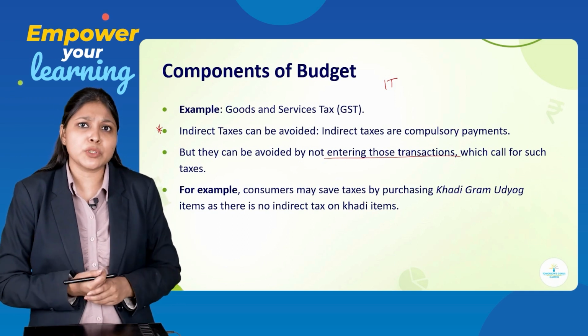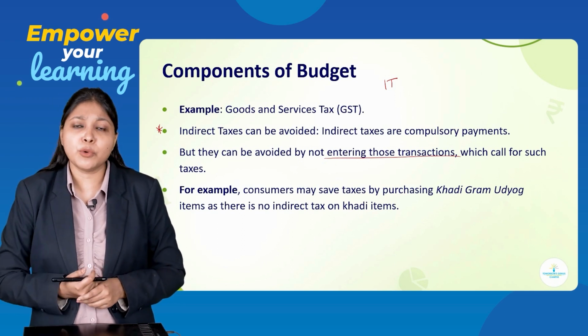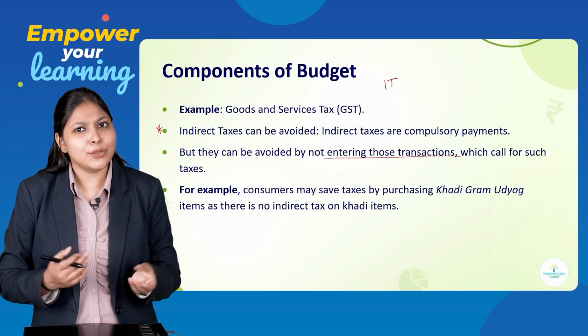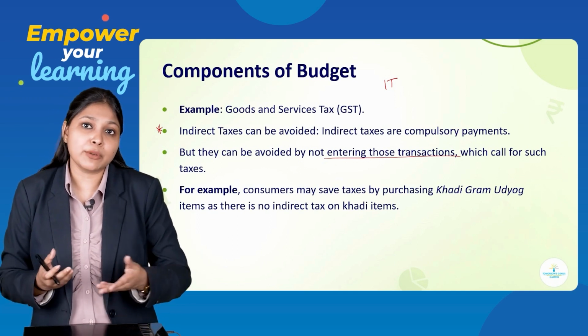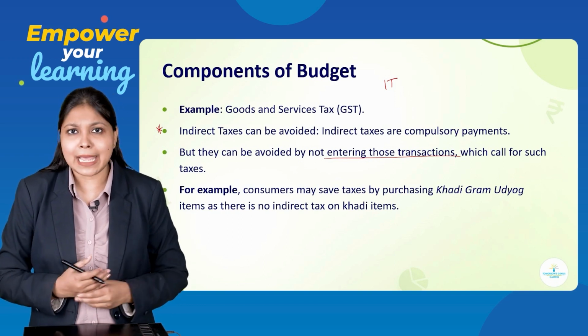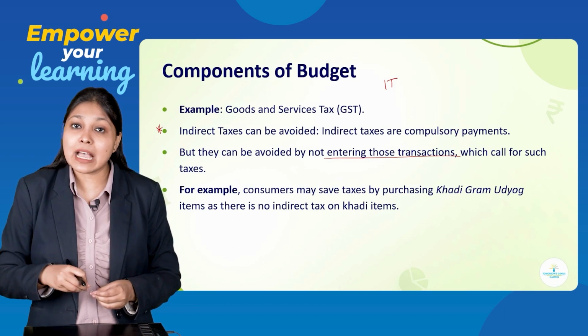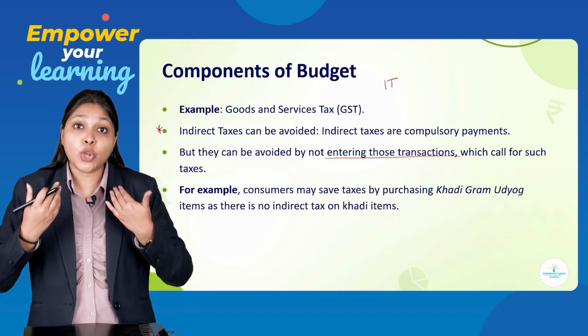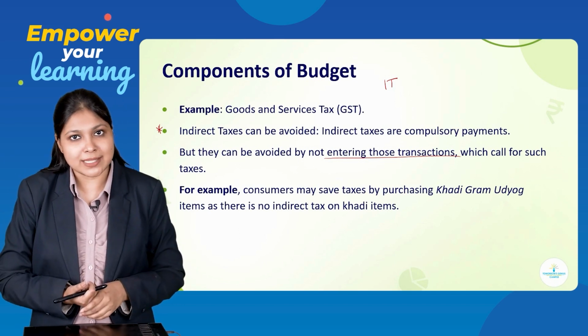Don't order food from Zomato. Don't go for watching movies in the theater. Don't go for dinners in a restaurant. You will be able to avoid paying GST very easily. Don't buy a laptop. That is how you can avoid paying GST, by not entering into such kinds of transactions.